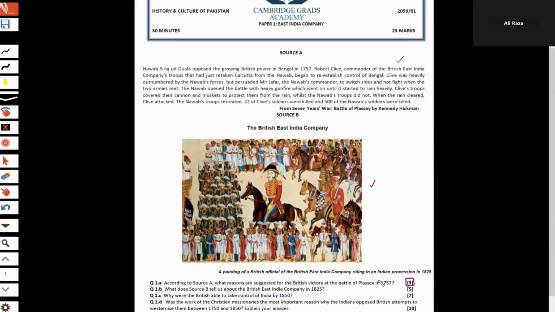What you don't need to do is use your own knowledge. That is prohibited. You cannot add something that you know already from whatever you have read in the textbook.